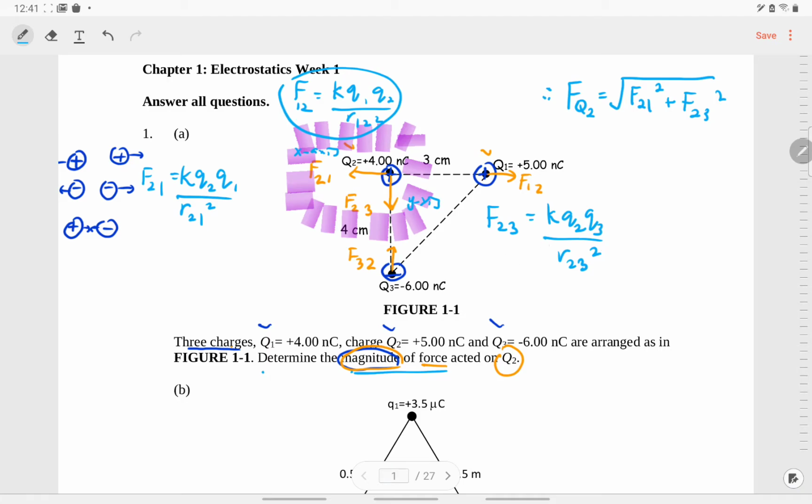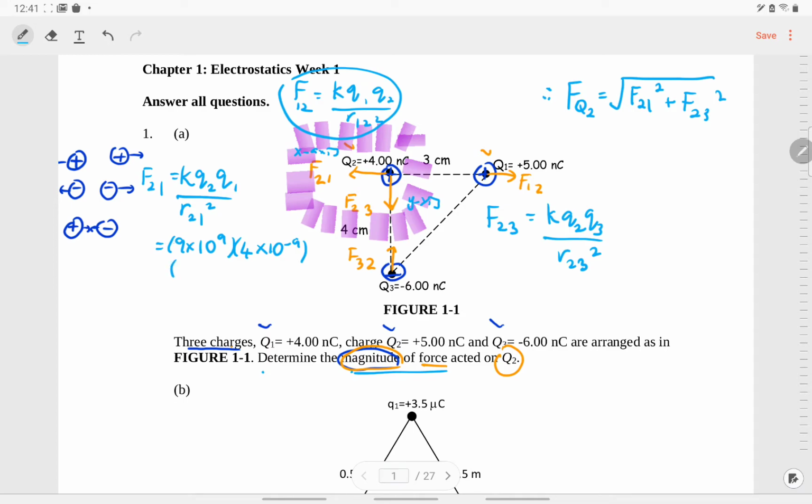So the value of k is kita panggil sebagai Coulomb constant. Value dia adalah 9 times 10 exponent 9. Tengok value of Q2 positive, nano is exponent negative 9. This one is for Q2, and then sambung kat bawah Q1.